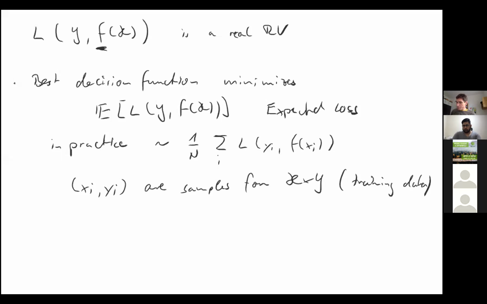For our function f, because we cannot search over an infinite space, if the search space for our function is too big, it doesn't make any sense.